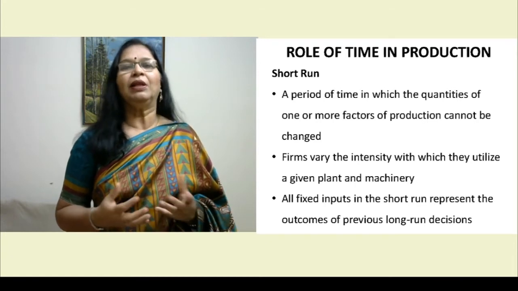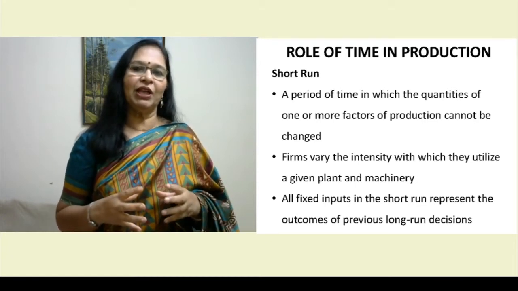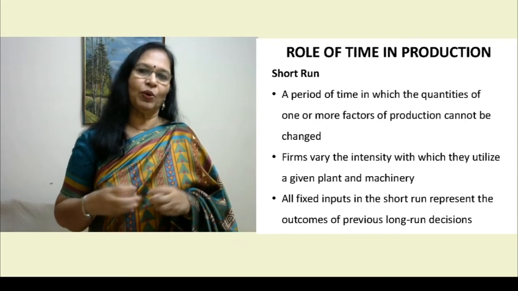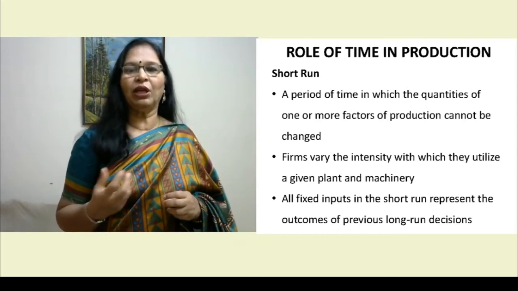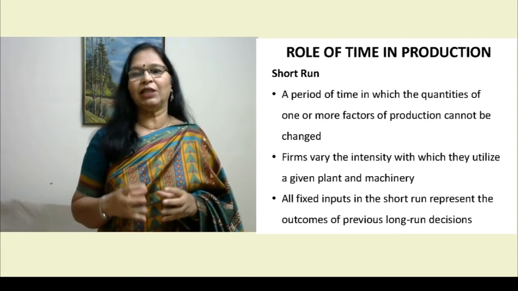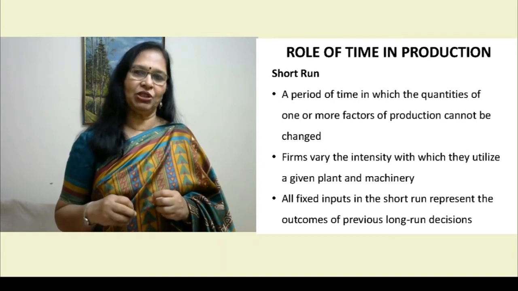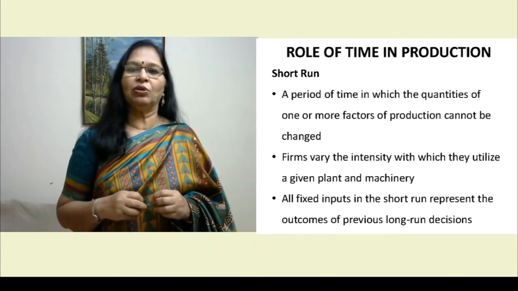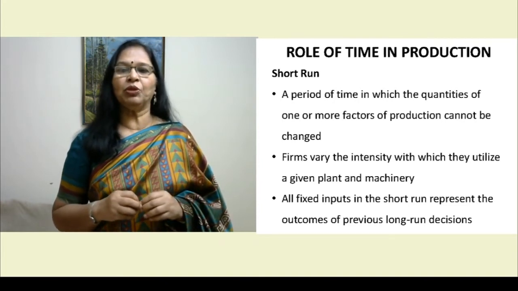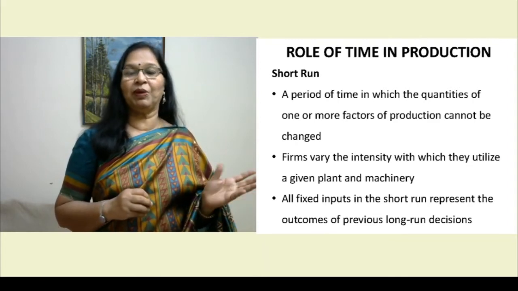For example, the plant may go in for a double shift, in which case the same machine can be used for production twice during the day. That only requires labor to be increased. So labor happens to be that one factor which can be easily increased or changed during the production process in the short run. So all fixed inputs in the short run represent the outcome of long run decisions previously made.